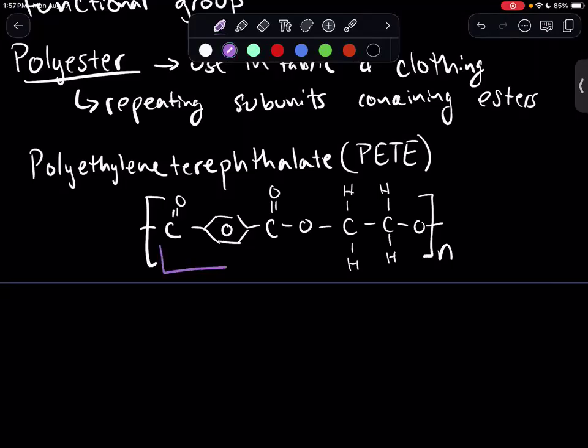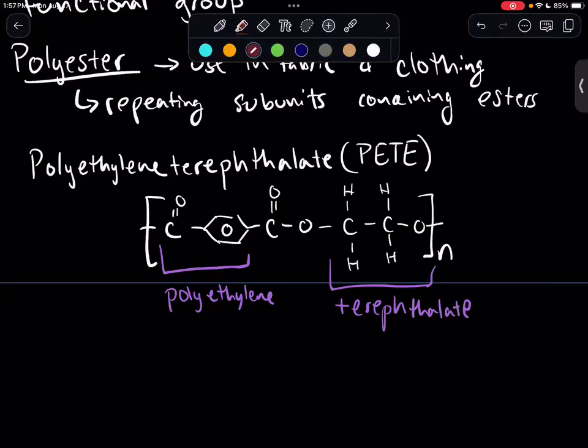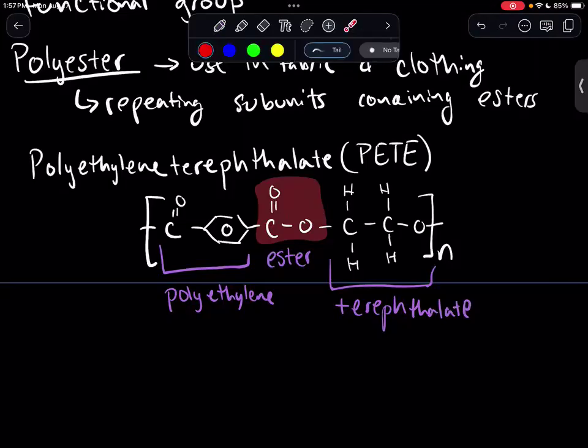This whole section is going to be our polyethylene. This section being our terephthalate. And then we see right here in the middle our ester. You'll even notice that we have half of an ester here and half of an ester here because as we connect them, they continue to make esters, hence polyester.